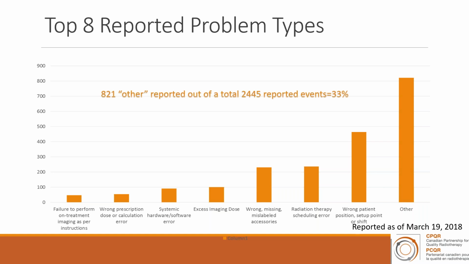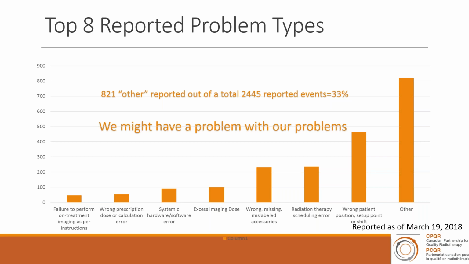So within the events reported as of March 2018, other represented 33% of all of our problem types in NSER-RT at that time. So we may have a problem with our problem types.